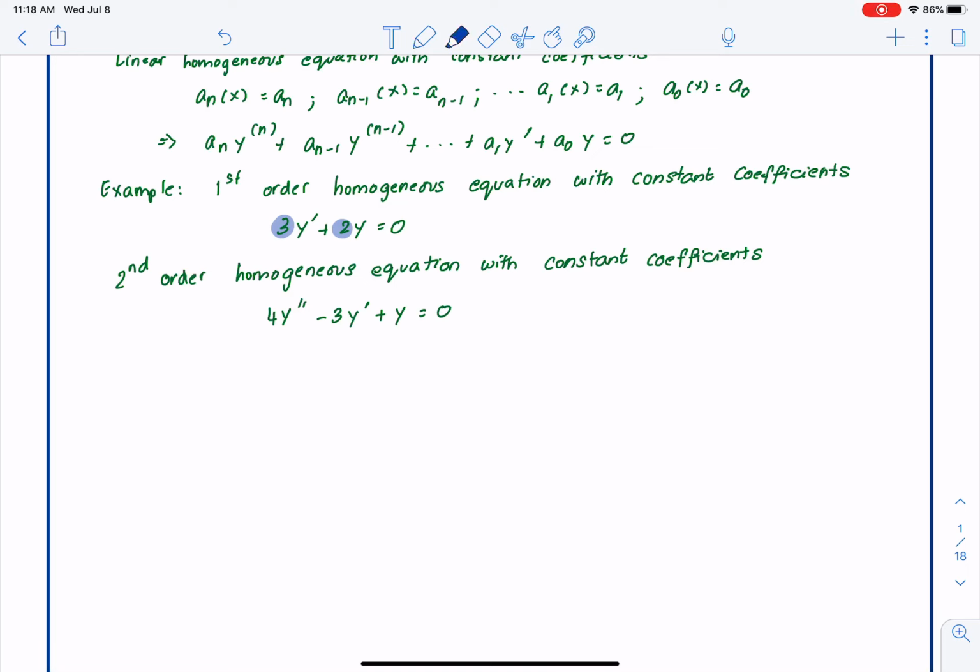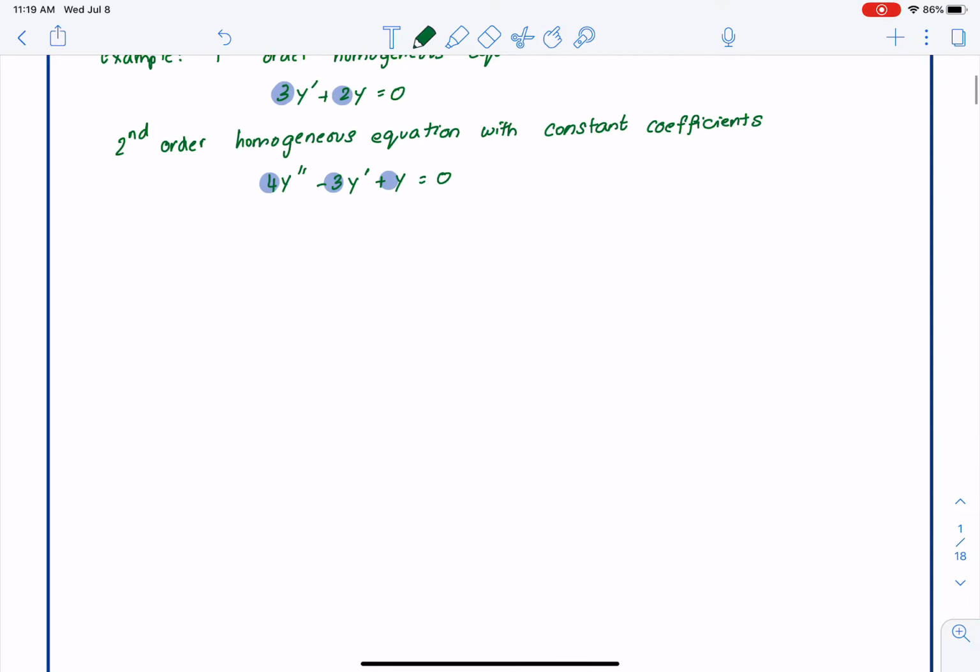So if you look at the coefficients, it's 4, negative 3, and 1 there. 1 times y is y. So that is a second order homogeneous equation with constant coefficients. So a_2 is 4, a_1 is negative 3, and a_0 is 1.